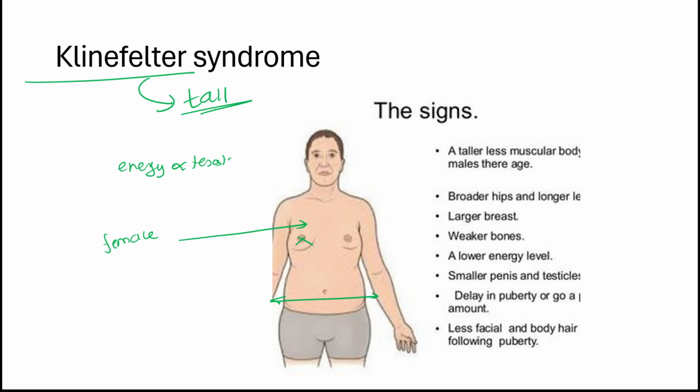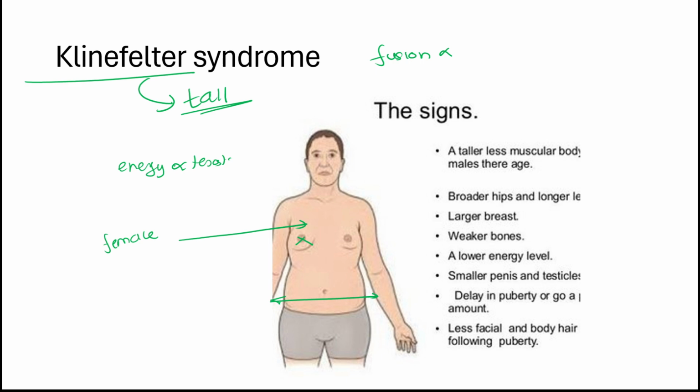Why is the patient tall? I'm just trying to give each and every fact about this. The fusion of the epiphyseal cartilage is dependent on the presence of testosterone. Once testosterone is there, it undergoes fusion in a quicker manner. So the lengthening of the bone will not take place for a longer period of time.